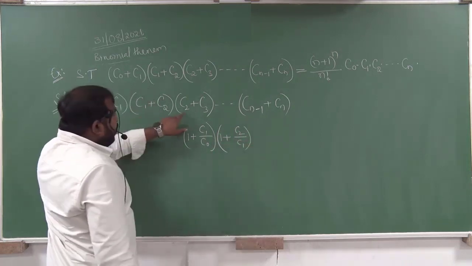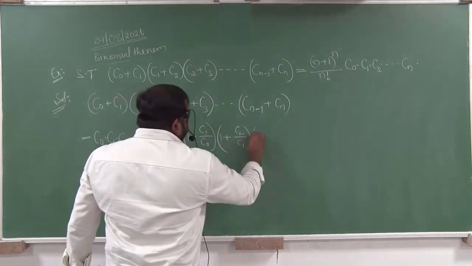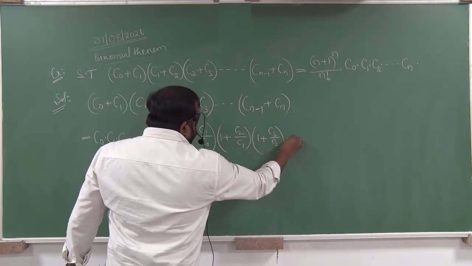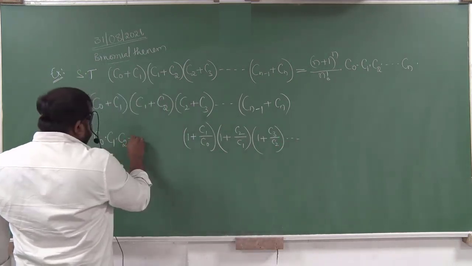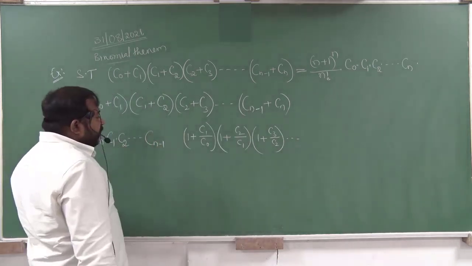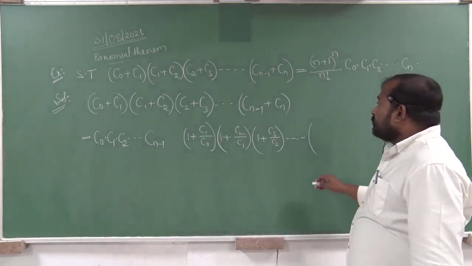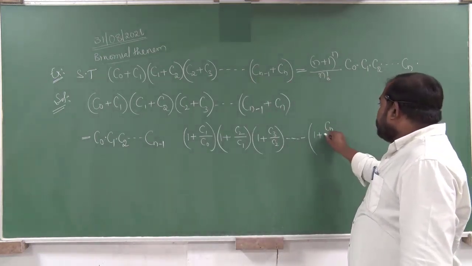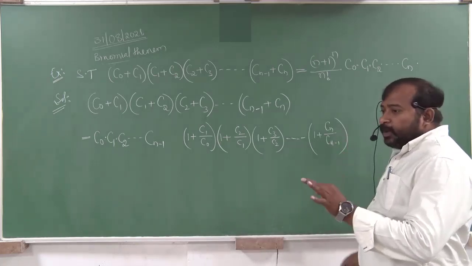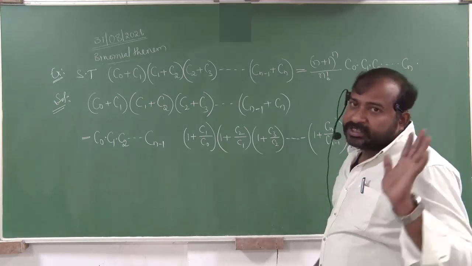If I take C2 common, then I get 1 plus C3 by C2. Proceeding like this, in the last bracket I take Cn minus 1 common, and I get 1 plus Cn by Cn minus 1. This is the value I get. Simple. In each bracket, I take the first value common. That's it.